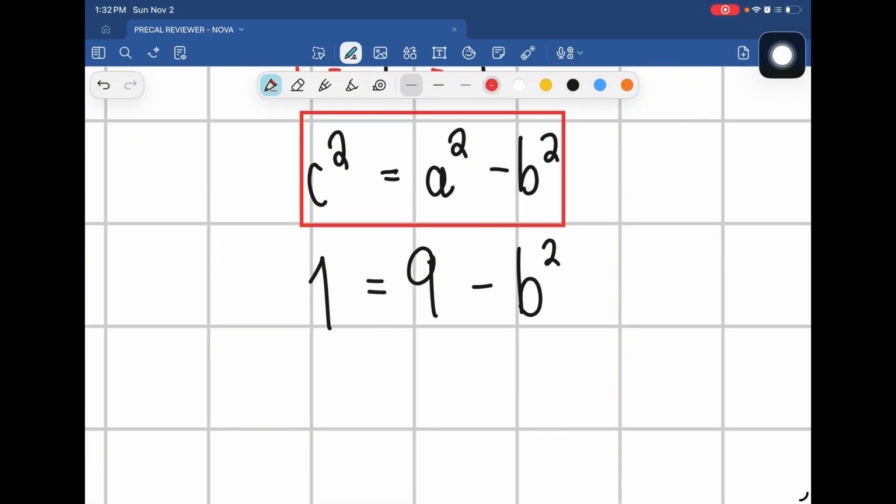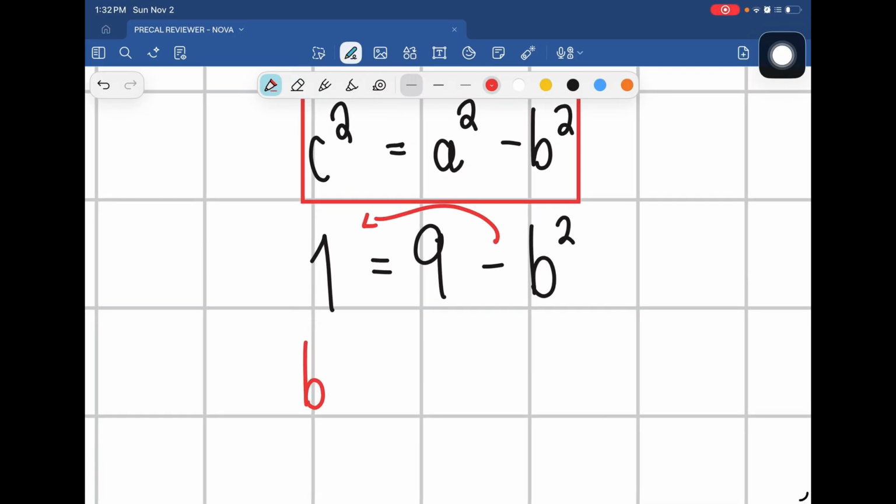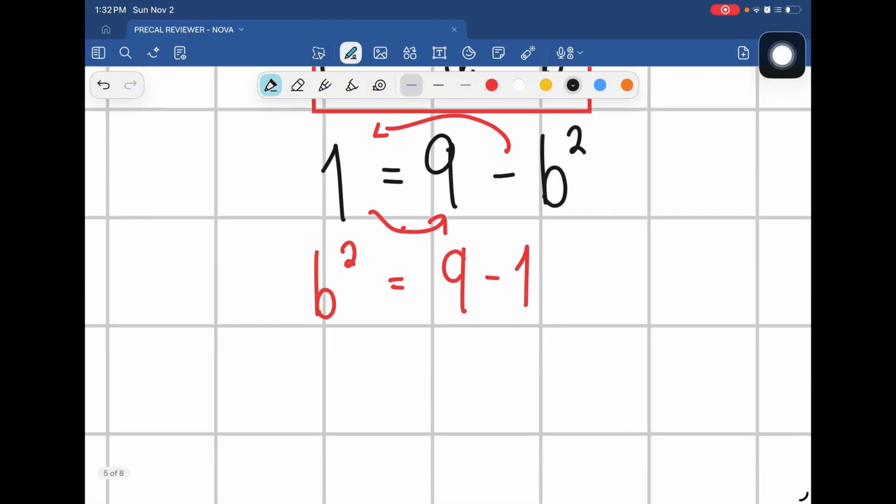But first, let's make this into a positive. So move it into the left hand side, therefore it becomes b squared. And move this into the right hand side, therefore it becomes, let's copy 9, then the positive 1 becomes negative, so 9 minus 1. Therefore, b squared is equal to 8.